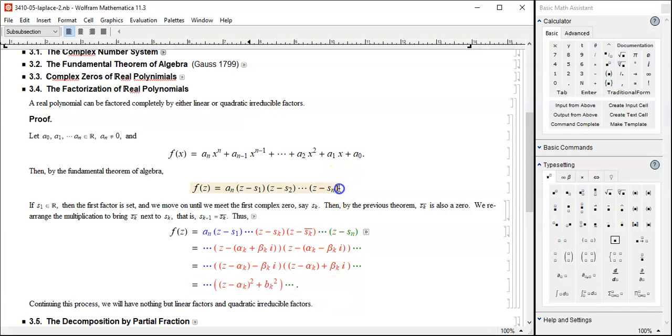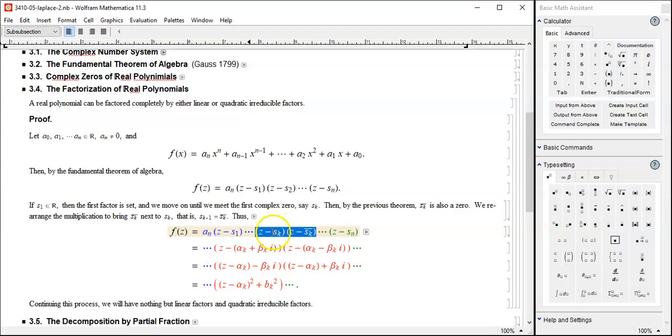The idea was like this: completely factor using the fundamental theorem of algebra, and then we begin from the left. If they are already real, move on until you reach a first complex root, which can be the very first if you're unlucky. And then it must have the conjugate somewhere, so bring those up, put those together, and then do some computation.